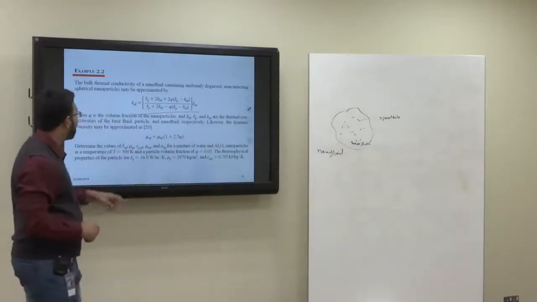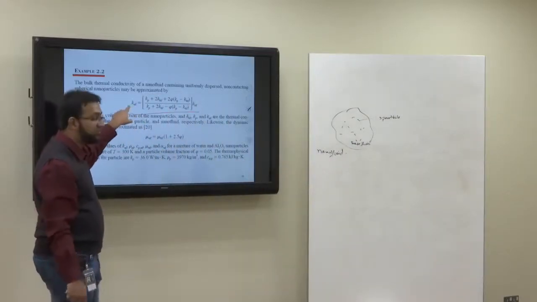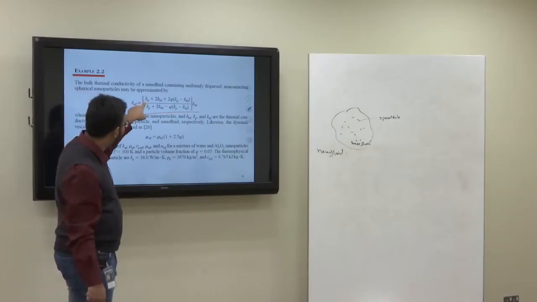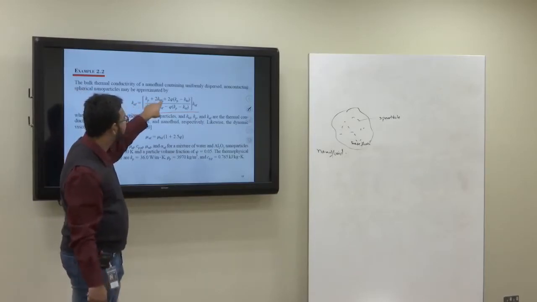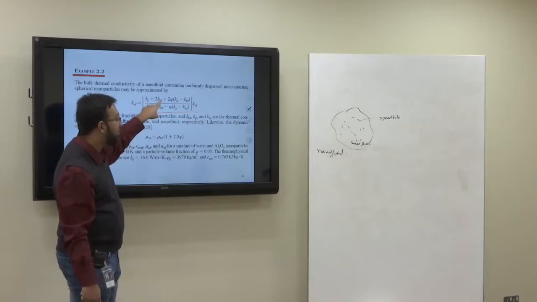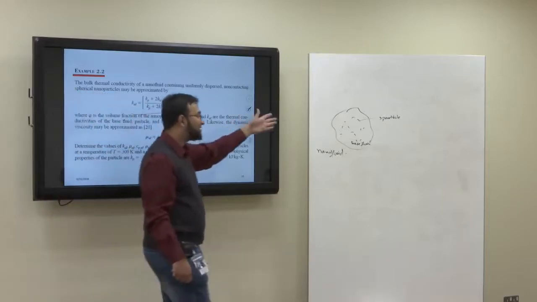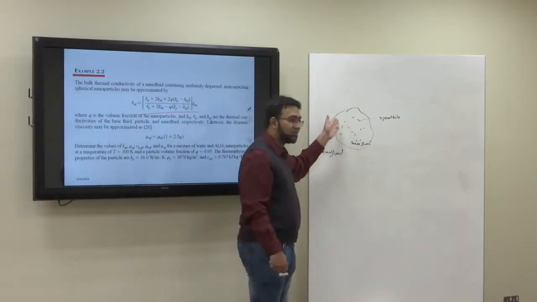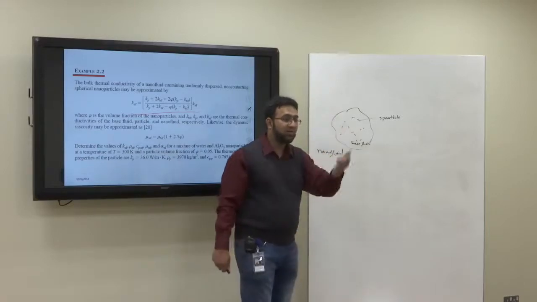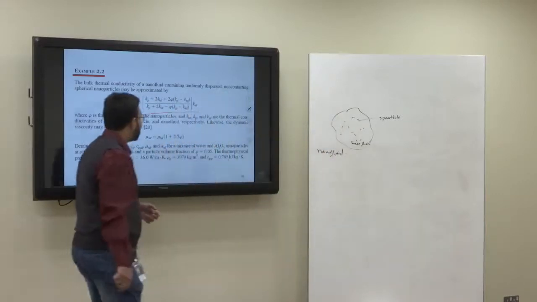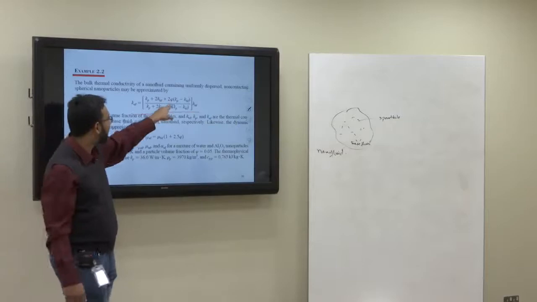This formula is what? If I want to know the thermal conductivity of the nanofluid, it uses the thermal conductivity of the particle as well as the thermal conductivity of the base fluid, as well as how many particles are there in the base fluid. This is defined by this phi.